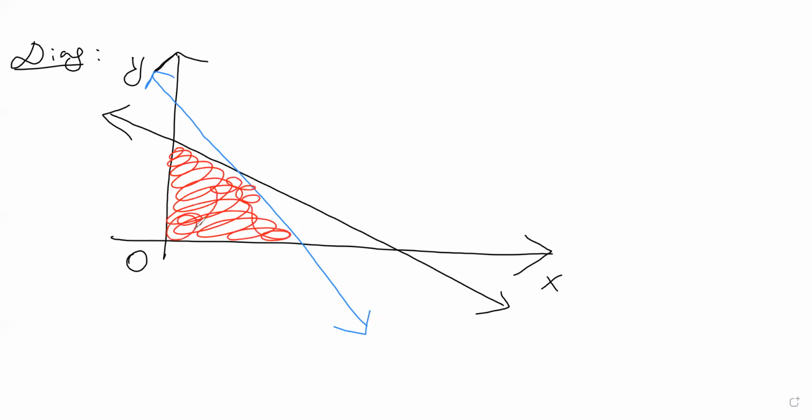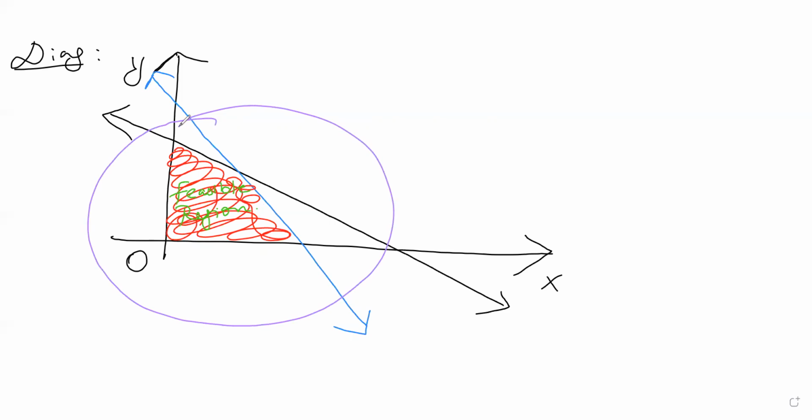Suppose this is my feasible region. I'm writing in green, this is my feasible region. You can see that this feasible region is bounded. Why? Because I can draw a sufficiently large circle such that the region lies within the circle.